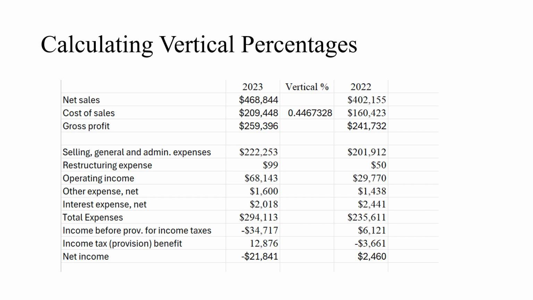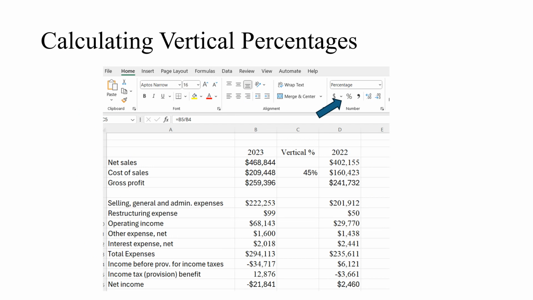So the next step would be to go up and click on the box that had the calculation in it, and then go up to the top of Excel, and in that box click percentage so that it turns that number, which was in hundredths, into a percent. And there you see how that will work.